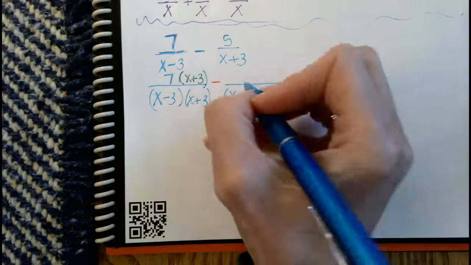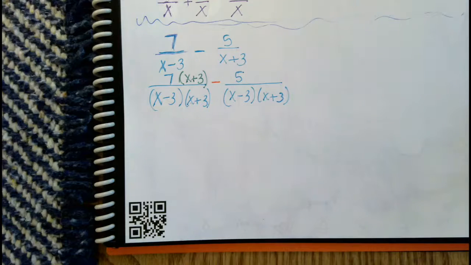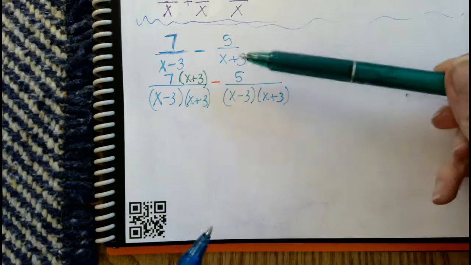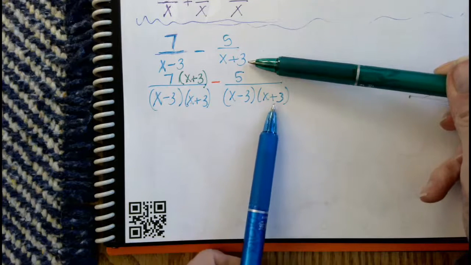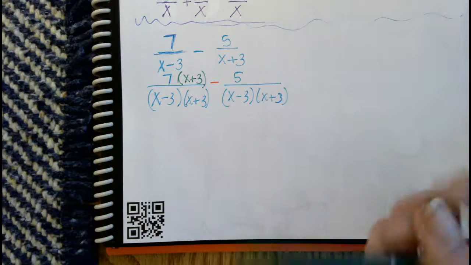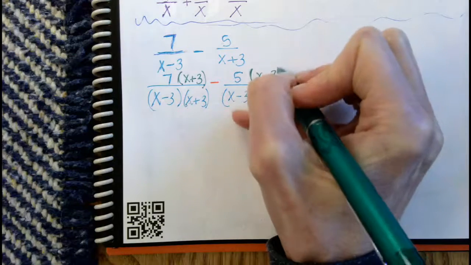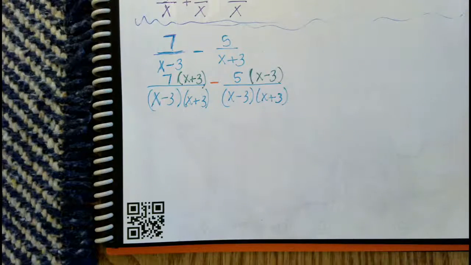Same idea over here. We still have the 5 in the numerator, in the top of the fraction, but ask yourself what's in the denominator now that wasn't in the denominator before. We had an x plus 3, and there's still an x plus 3, but now we have this additional x minus 3. So we're going to put an x minus 3 in the numerator. Again, don't cancel anything.